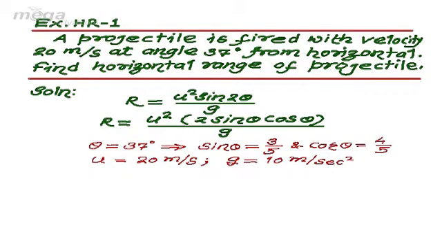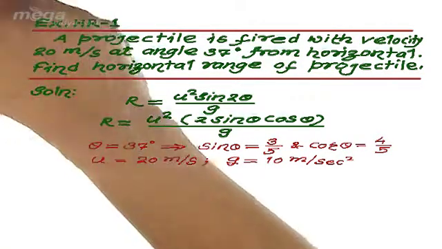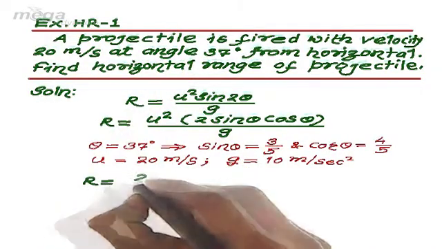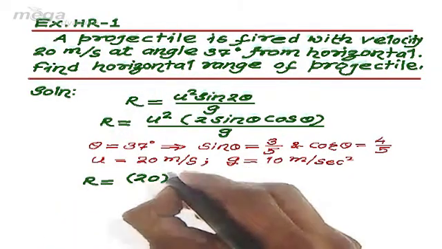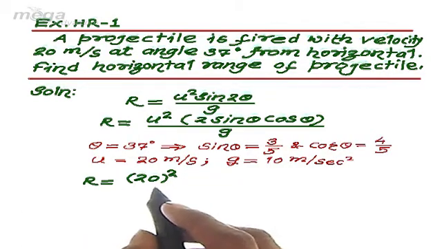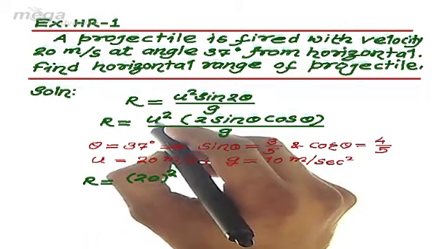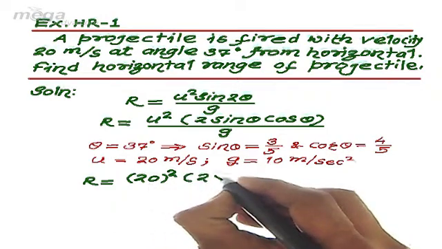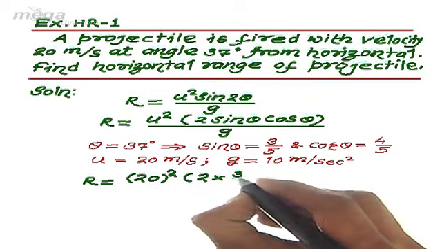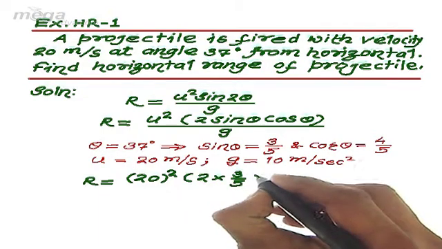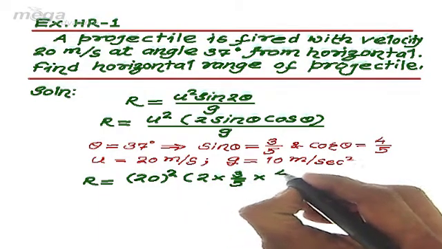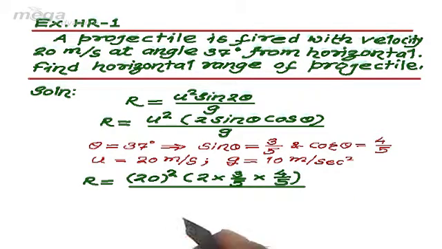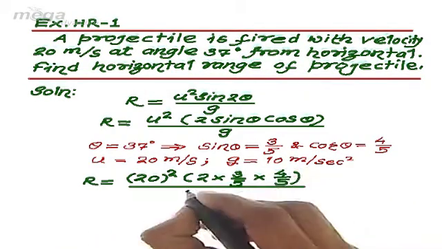By putting these values into this formula, we can easily write R equal to 20 square, basically I have taken the value of u to be 20, then 2 times sine theta, which is 3 upon 5, into cos theta, which is 4 upon 5, divided by the value of g, which is 10 here.